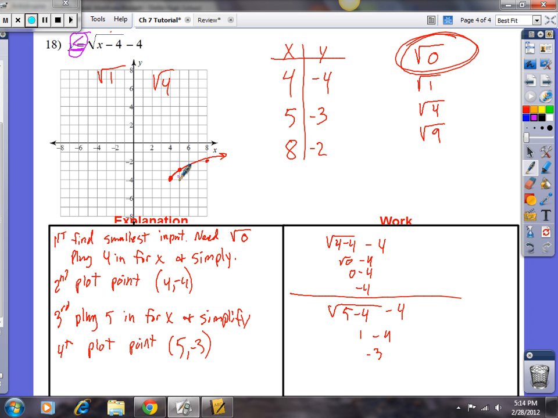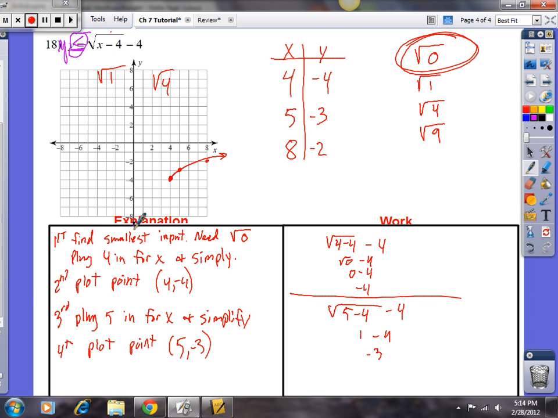Now shade, do I shade everything above it or everything below it? And you can do it kind of logically without even testing any points. If you think of the y-axis, this one, the one that goes up and down. So the further you go up on the y-axis, the bigger the numbers get. The more you go down, the smaller the numbers get.